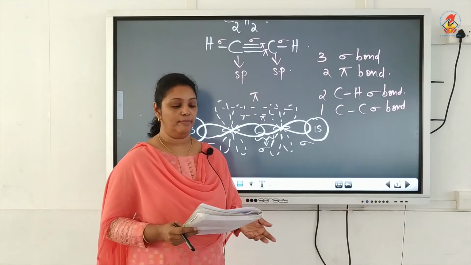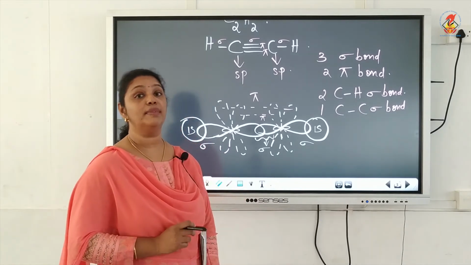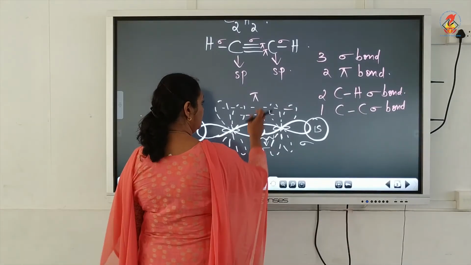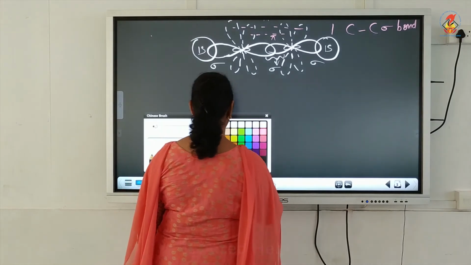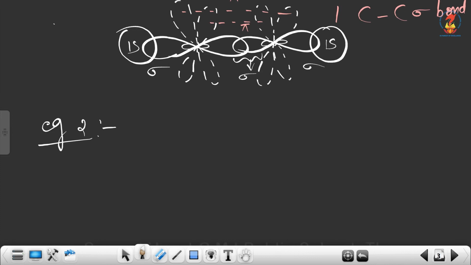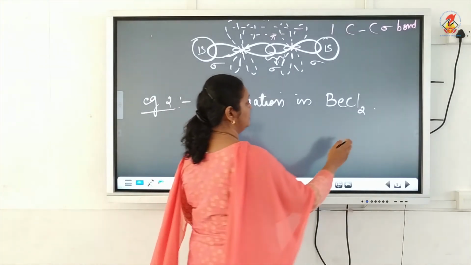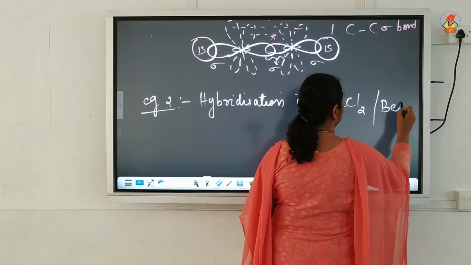Now next example is the shape of BeF2 molecule, beryllium difluoride. So example 2 is hybridization in BeCl2, beryllium chloride, or we can also discuss for beryllium fluoride.